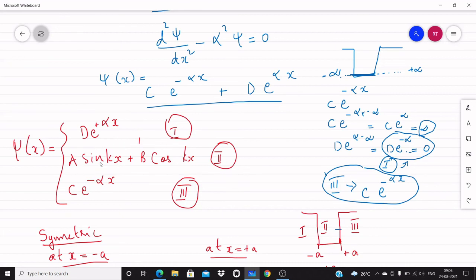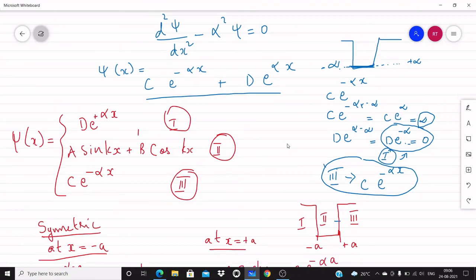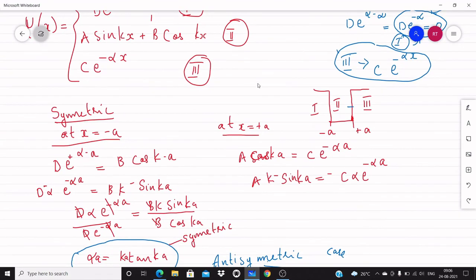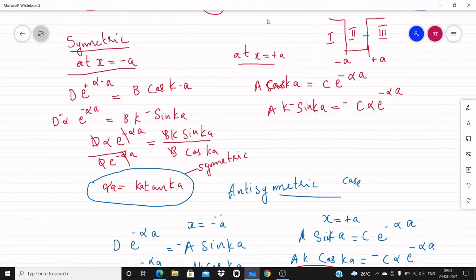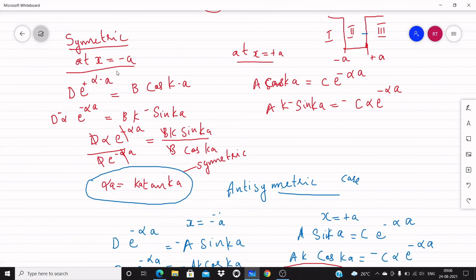Since you have a sin kx and b cos kx, you have to check the symmetric and anti-symmetric cases. Analyzing them by applying the continuity condition at both the boundaries, x equal to minus a and x equal to plus a, you have two equations.